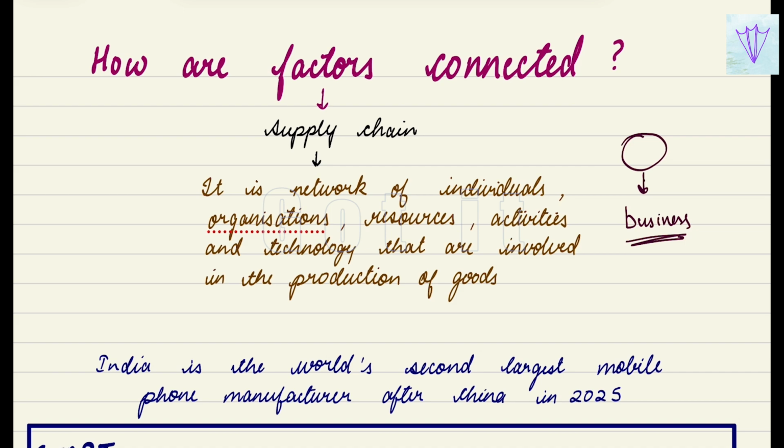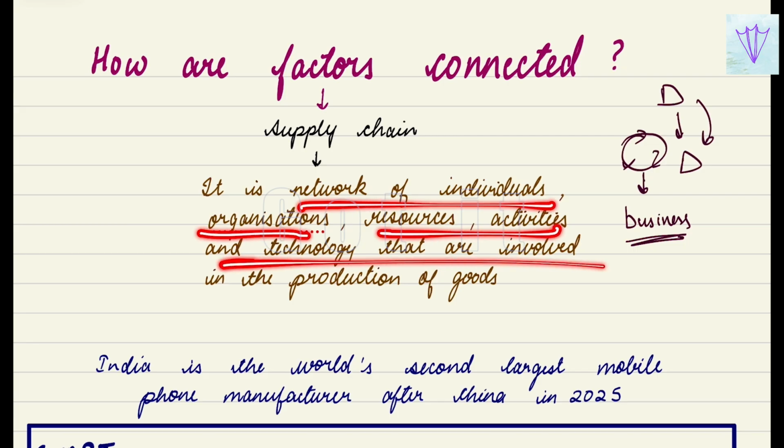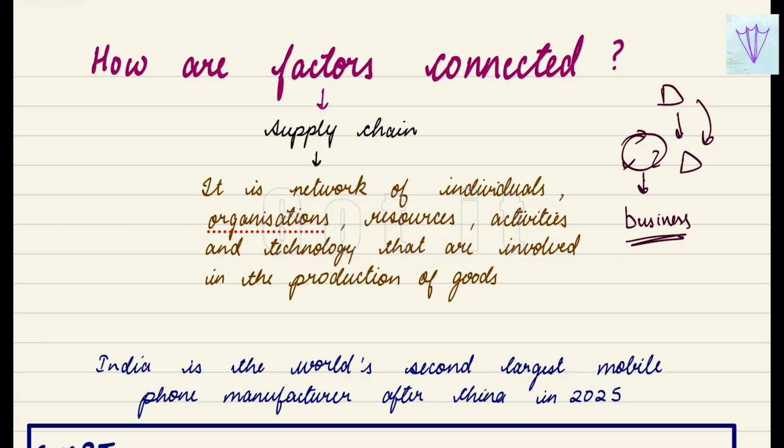To combine all these factors, we will require a supply chain. Suppose some product is made at one place and has to be sold at some other place, how will you do it without a proper supply chain? Because you'll need the network of individuals, organizations, resources, activities, and technology that are involved in the production of goods.